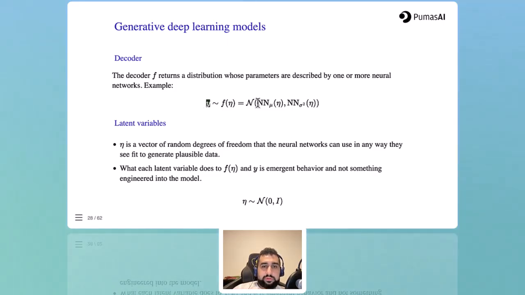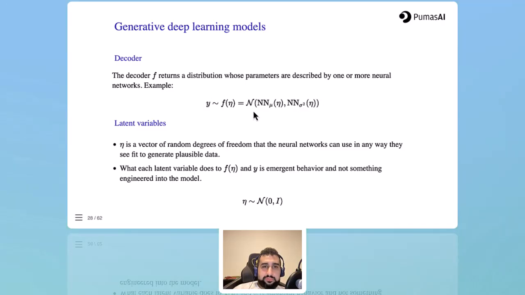If we have a neural network for the mean and another neural network for the covariance matrix, which can return, for example, a diagonal covariance matrix that represents all the variances of all the dimensions of y, then I can sample values from eta, from its prior distribution, plug them in here, get some mean and some covariance matrix, and then sample values for y using this model.